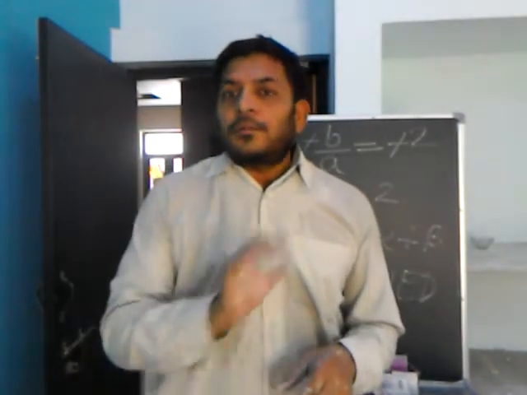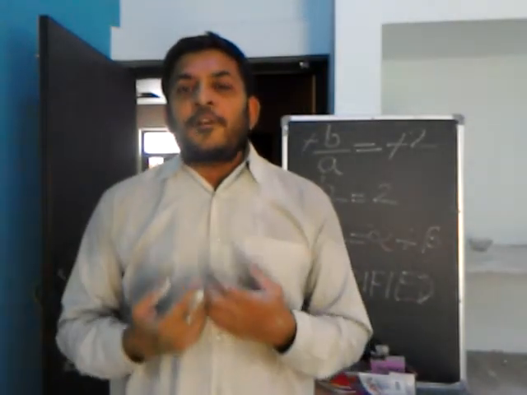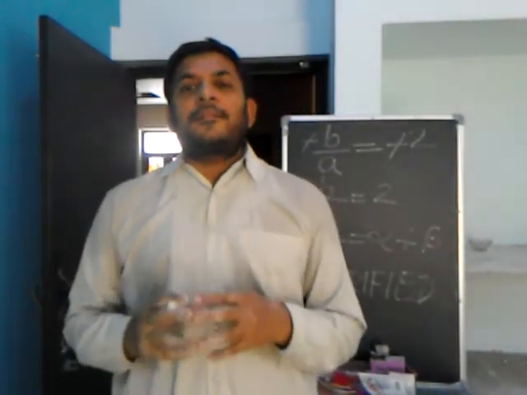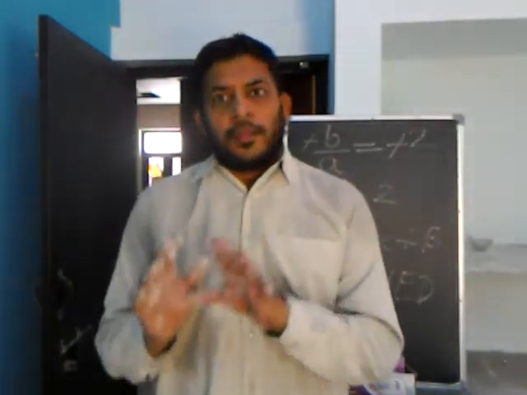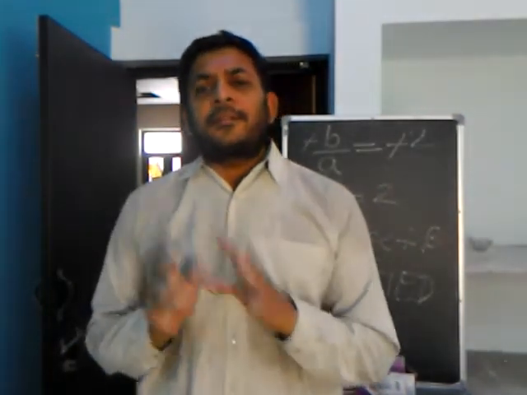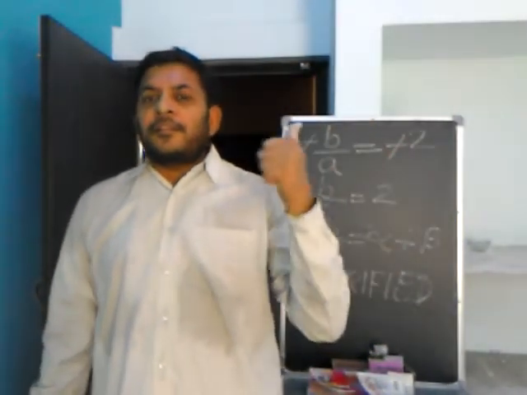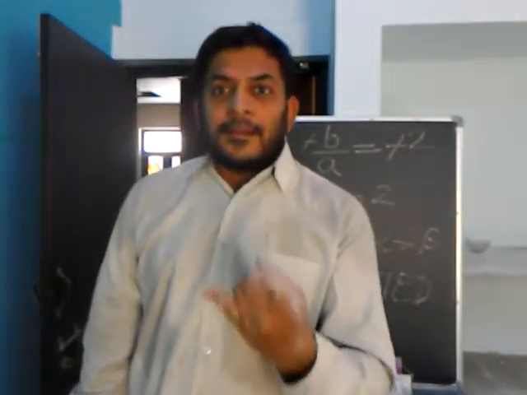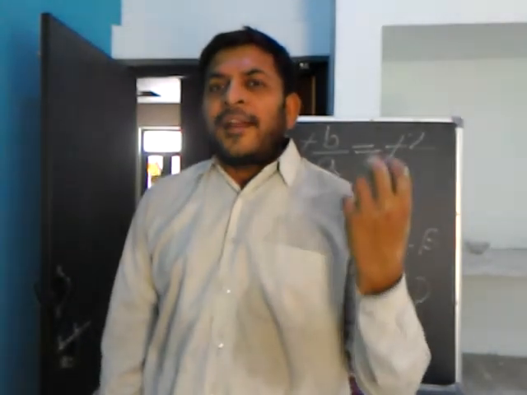No, that doesn't mean it. The examiner considers that he or she is a student of class 10, so they know they can divide and multiply. So he expects you will not write multiplication and division until and unless these are required by the question. What he expects is that you will write each and everything.